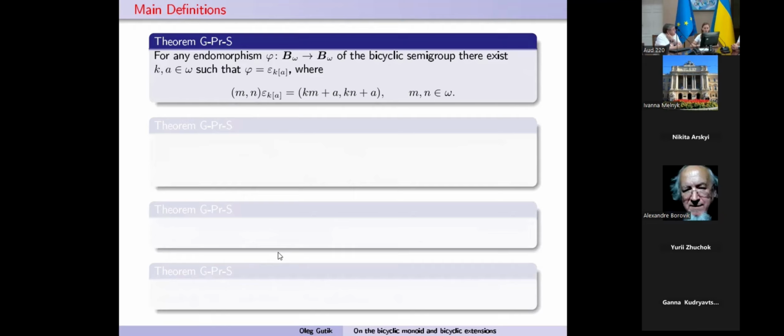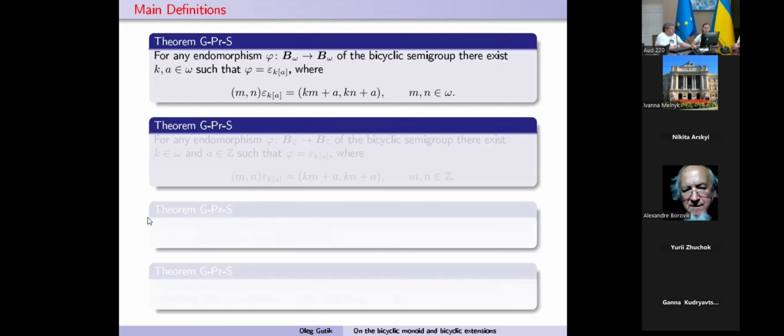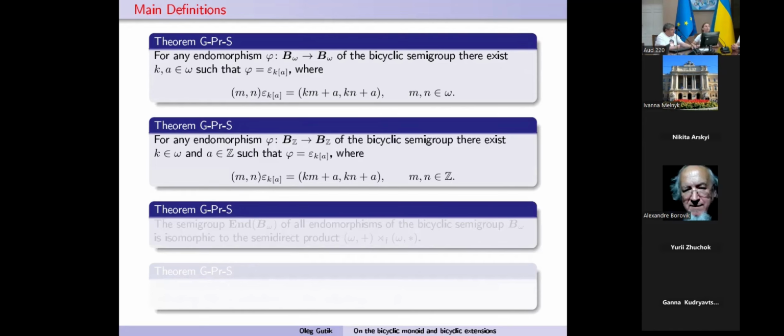So, a not very old theorem: any endomorphism of the bicyclic semigroup has the following form. We get something similar for the extended bicyclic semigroup. And the semigroup of endomorphisms of the bicyclic semigroup is isomorphic to the semi-direct product of omega with the usual addition with omega with the usual multiplication.